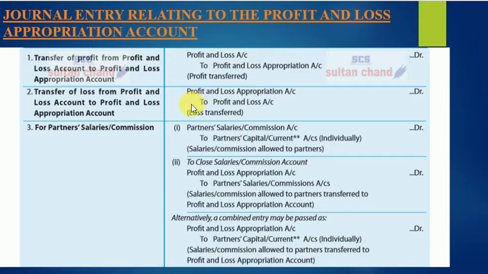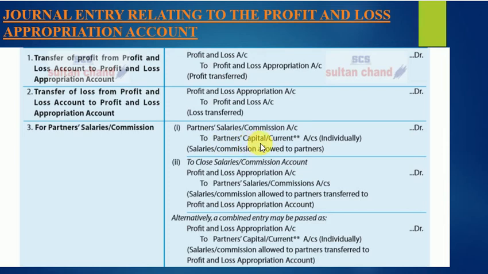Now we move ahead with the remuneration. Point number 3. If the partners are paid any remuneration like salaries and commission, the entries stand like this. Partners salary or commission account debit to partners capital account. If you have salary for partners, you will write partners salaries account debit, or you can simply write salaries account debit to partners capital account.